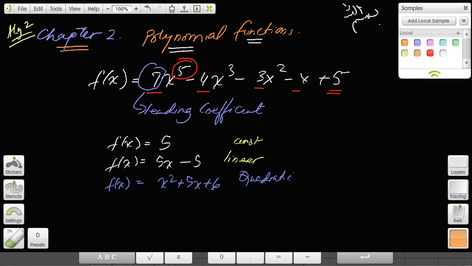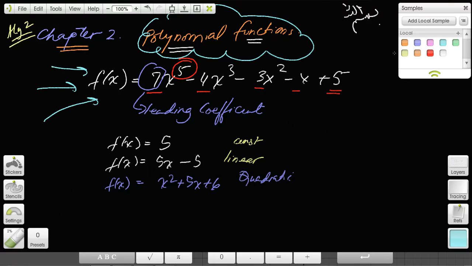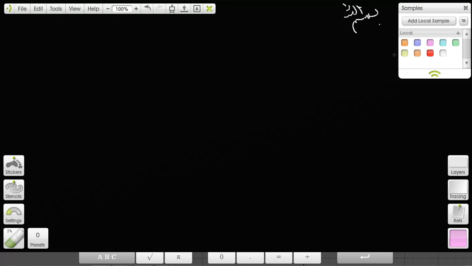But when we're talking about polynomial functions here, obviously we're talking about the broader category of polynomial functions, like these types, because these we have talked about individually before. So in this chapter we're going to talk about polynomial functions as a broad category, broader than the quadratic functions that we have seen before.